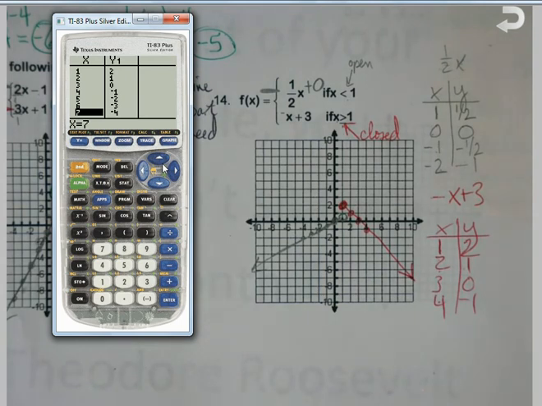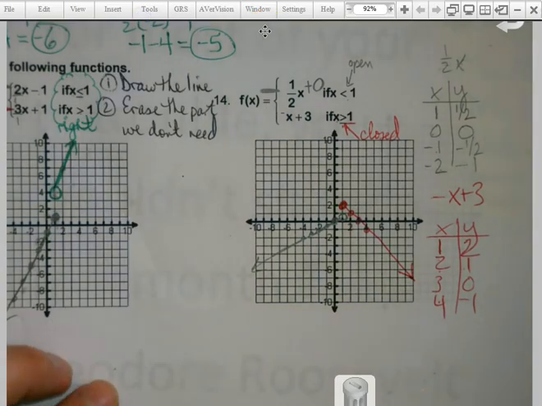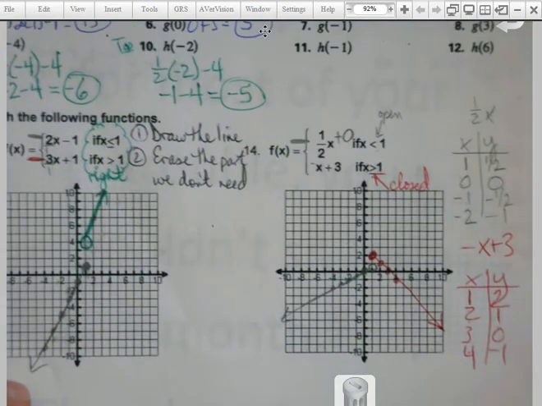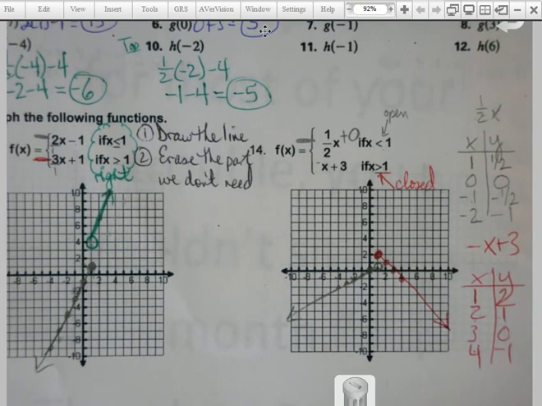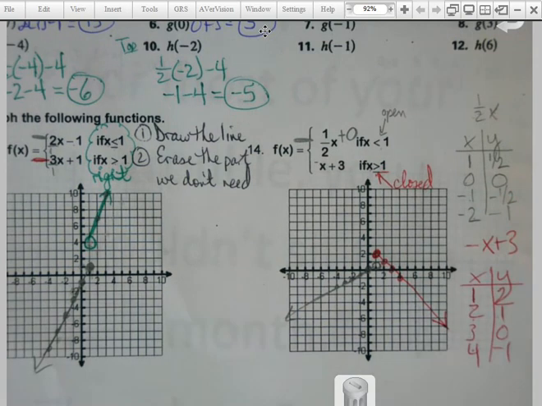So again, you have a choice. I don't care if you draw the lines and erase parts if you're good with graphing lines. If that's not your strength, use the calculator or use mental math. These aren't ridiculously big numbers. You could do these in your head. And then just plot the points that you need to get it started and go.